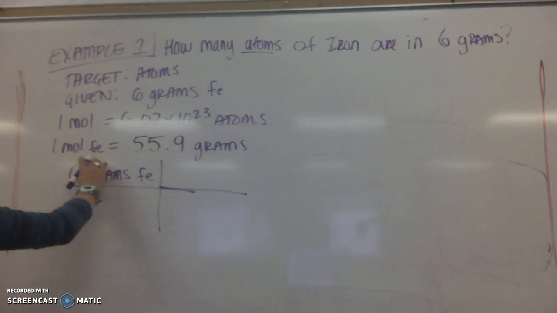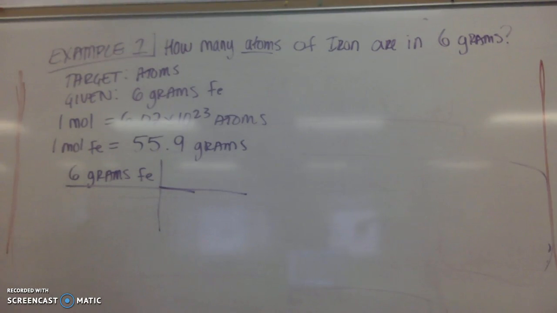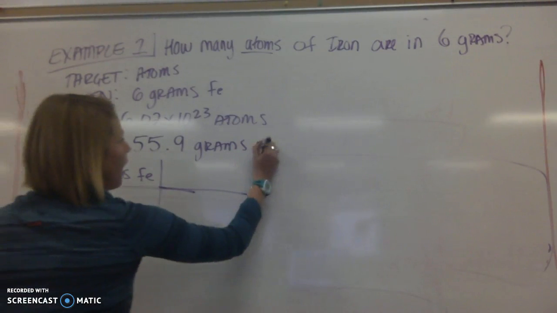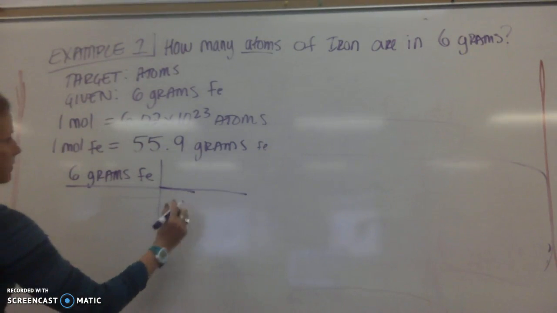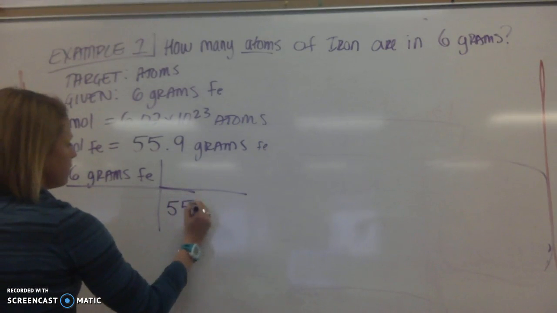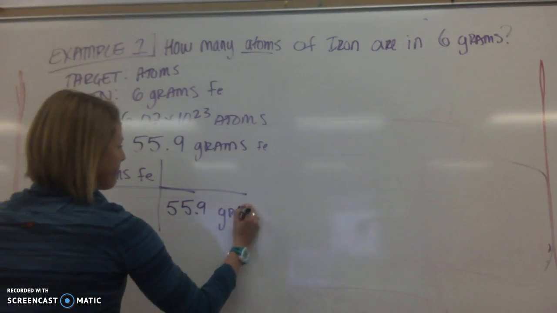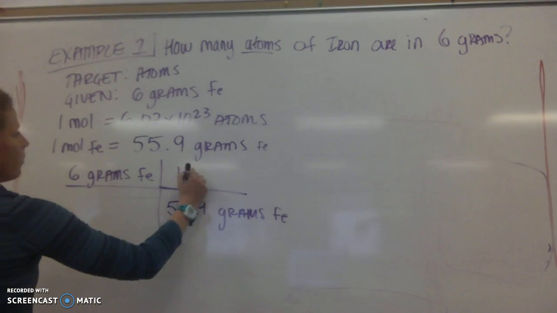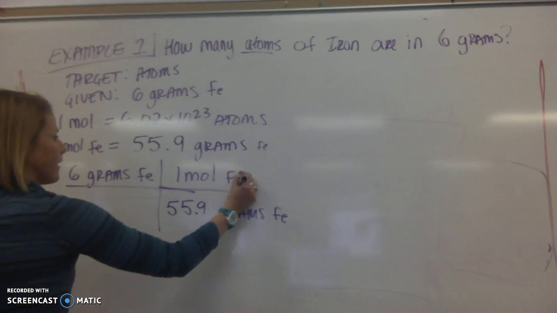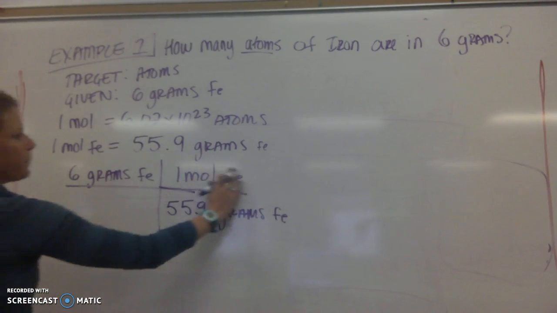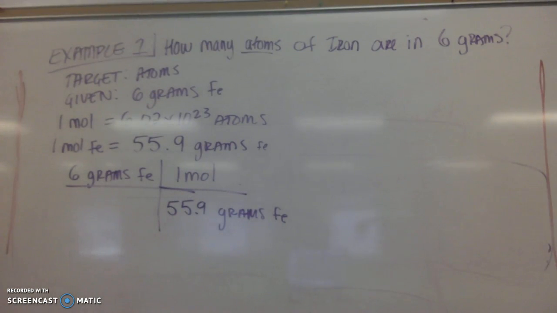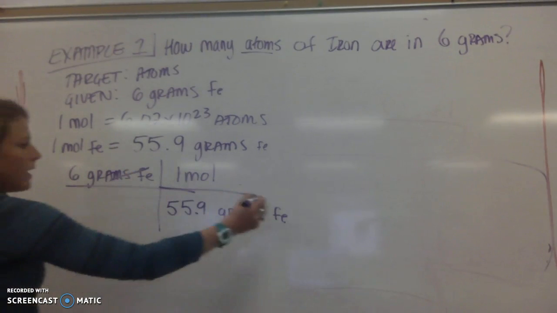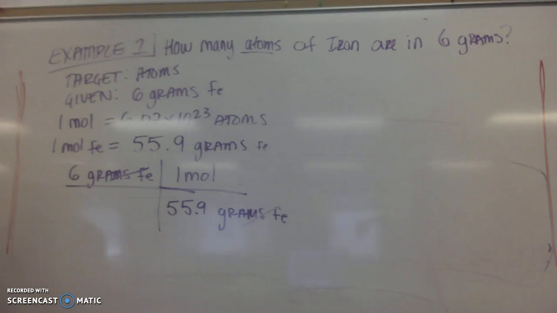We know that 1 mole of iron is equal to 55.9 grams of iron. So I'm going to put grams on the bottom so that my units cancel, and 1 mole of iron on the top, or just 1 mole. So now my grams of iron will cancel, and I'm left in moles.